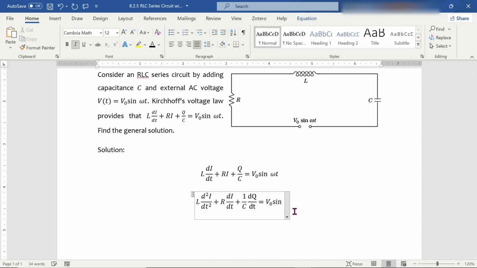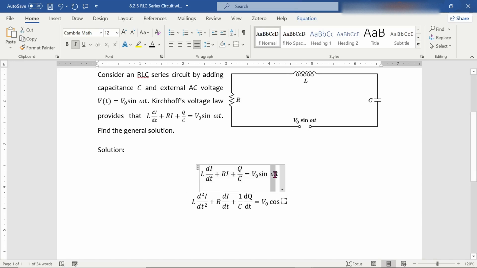So anyway, the right hand side would be equal to cosine of omega t times the derivative of omega t, which is simply omega. Now, so we have this equation.